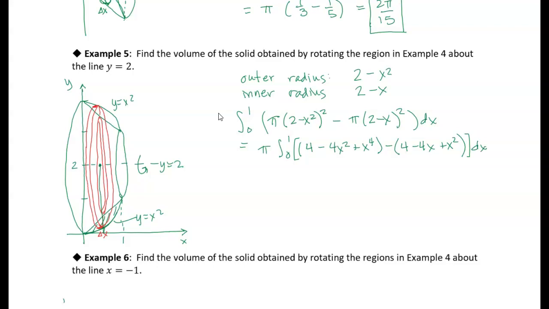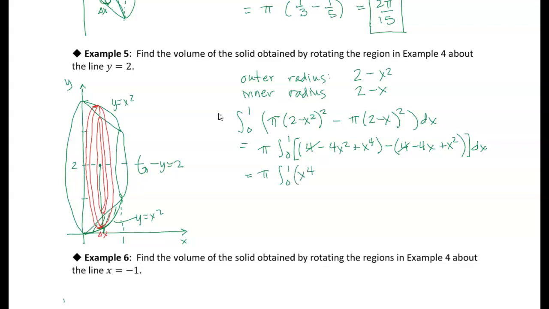All right, so let's clean this up a little bit. We need to combine some terms. Now we have 4 and then minus 4, so these two 4s will just go away. We have x to the 4th.